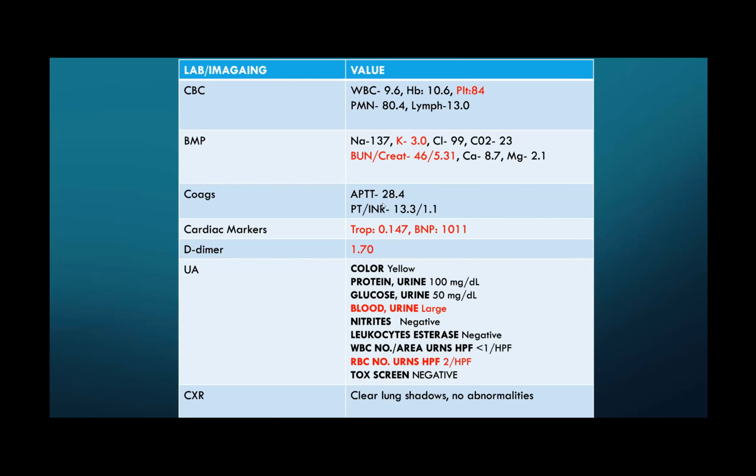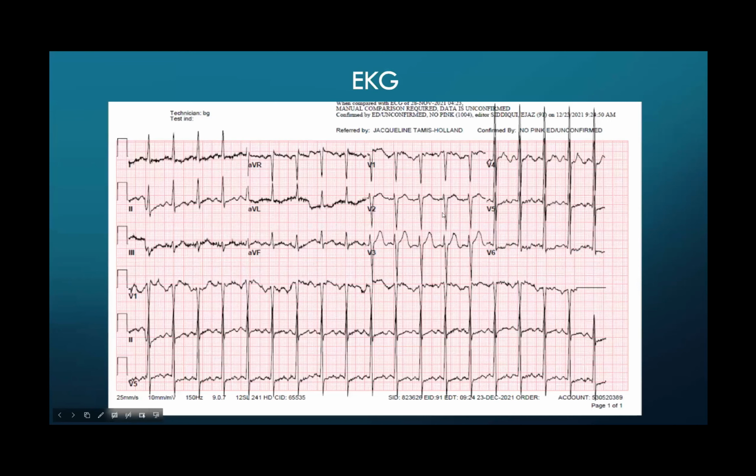The next thing we also got for him was an EKG. Any budding cardiologist want to interpret this? I can try. So we see it tends to be a sinus rhythm. We see P waves mostly in D2.